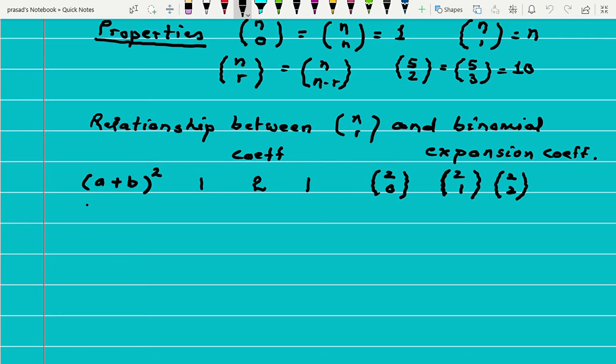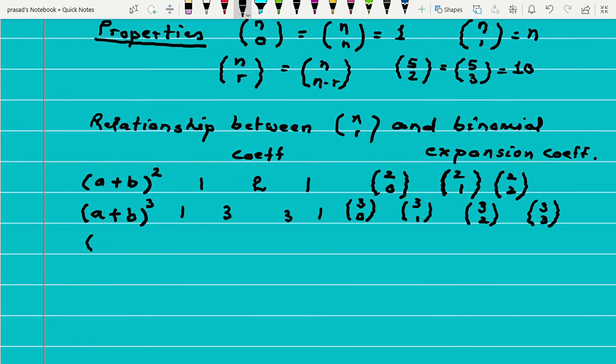Then take the next expansion, a plus b the whole cube. So by Pascal's triangle, the coefficients will be 1, 3, 3, 1, which in terms of the combinations, 3C0, then 3 I can write it as 3C1. Now 3C1 will be same as 3C2. And finally the last one I can write it as 3C3.